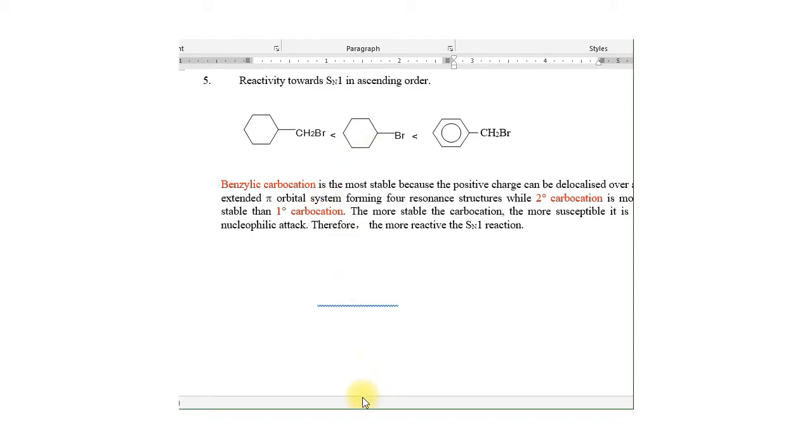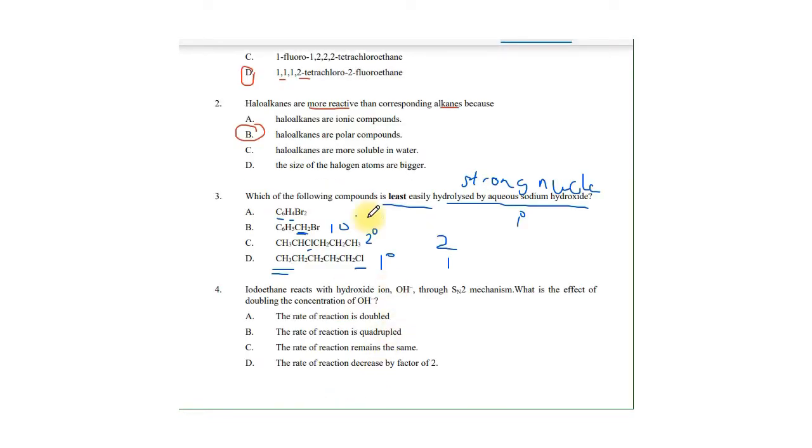If we check back to this question, the least easily hydrolyzed is B. The third is B, and the most difficult one is 4, because these two bromine are directly attached to the benzene ring. That's why the answer for 3 is A. Here you have to have the concept. Always remember.